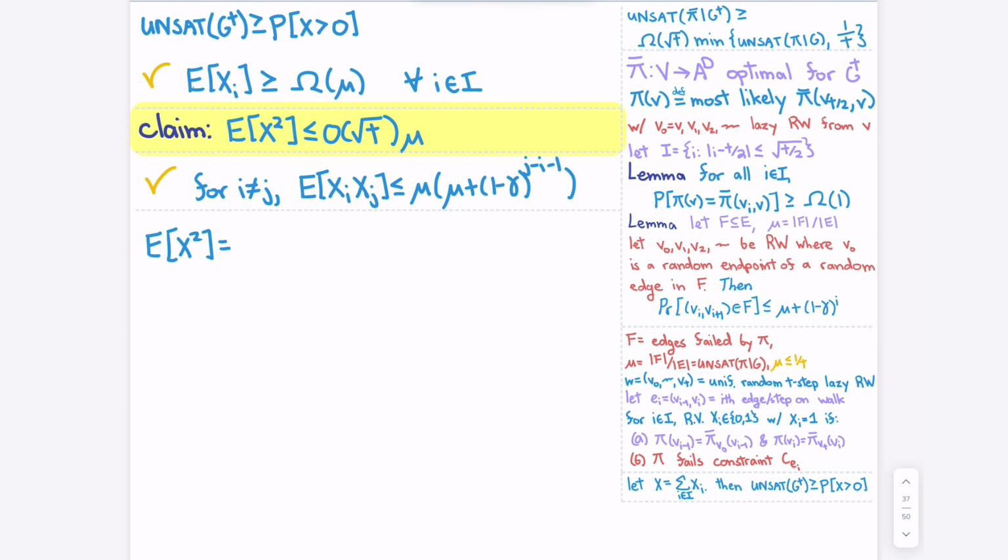Okay, making progress. Now I want to show that the expected value of X squared is at most square root t times mu. To this end, we just write things out like this.